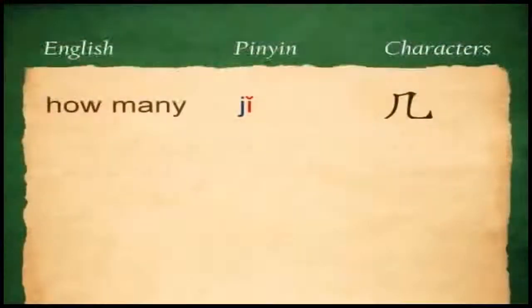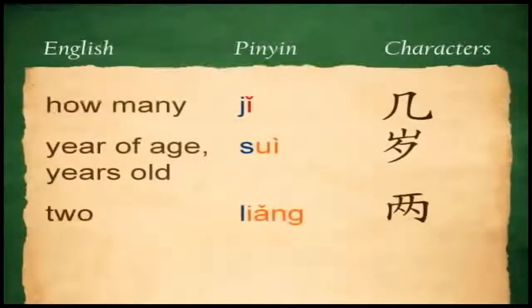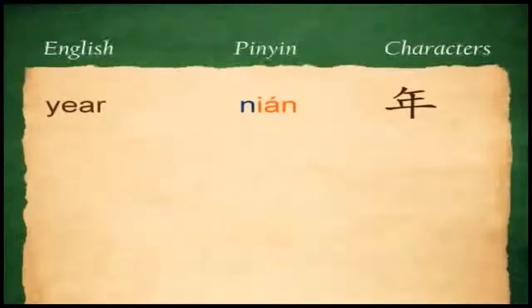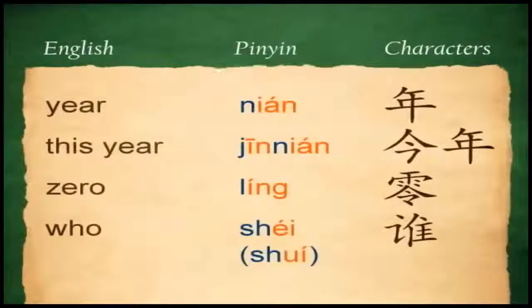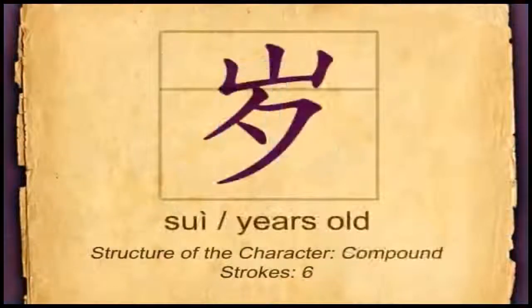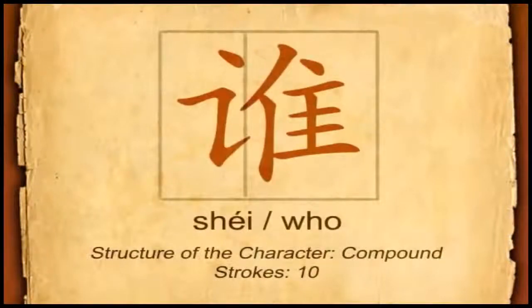Today's vocabulary was 几, 岁, 两, 年, 今年, 零 and 谁. Finally, we added more characters to your knowledge of Chinese by looking closely at the structure of 几, 岁 and 谁.